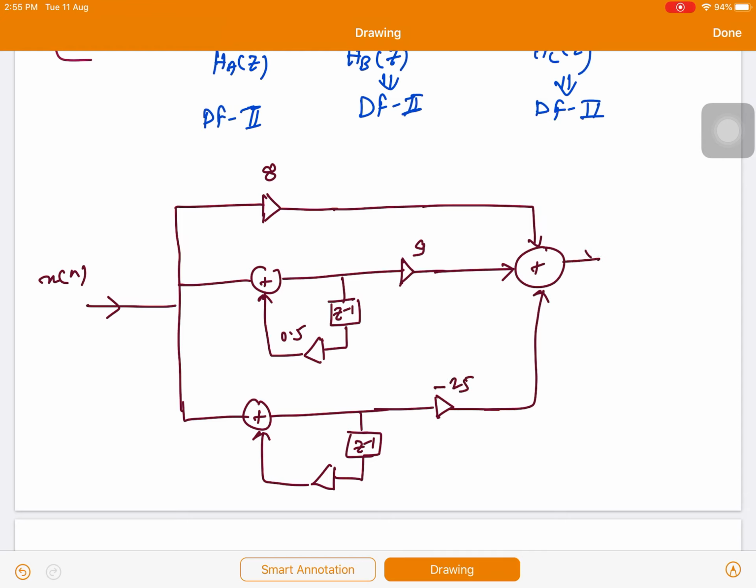And here after summation of all these three, you will get this y(n).